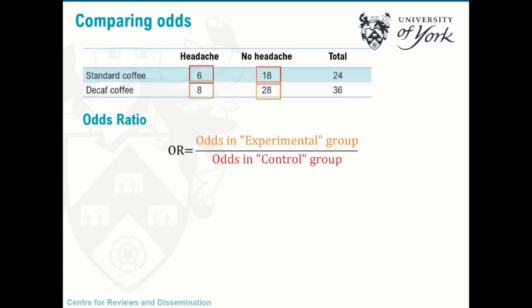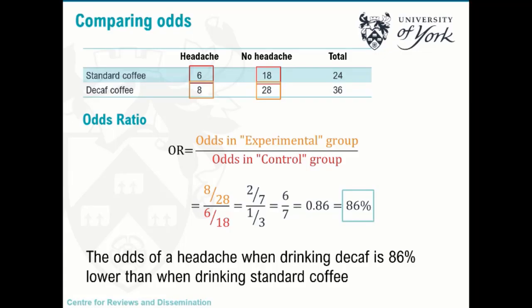If we calculate the odds ratio, it would be 8 divided by 28, which are the odds in the experimental group, divided by 6 over 18, which are the odds in the control group. This simplifies to 6 over 7, which is approximately 86%. And so the odds of a headache when drinking decaf is 86% lower than when you drink standard coffee.